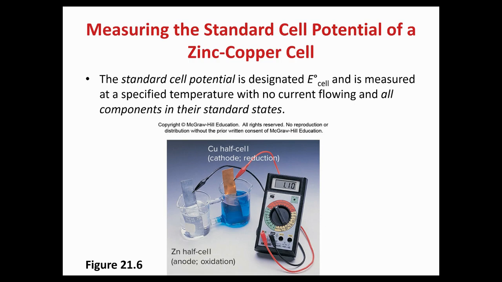Okay, so measuring a standard cell potential, so this is that electromotive force, the voltage of a battery, requires a voltmeter. So in the case of that zinc copper battery that we've been talking about here, the voltage of that is 1.10 volts. And you might have used voltmeters in real life, so that's measured by a voltmeter.